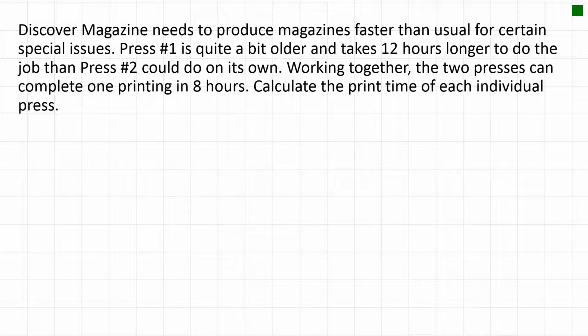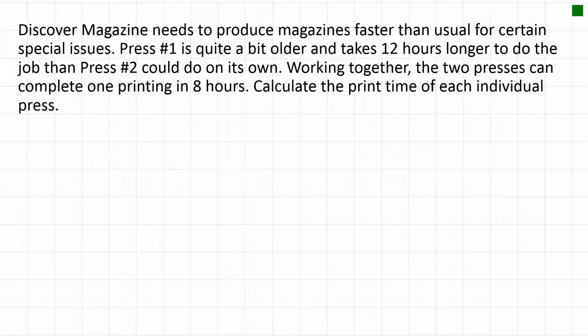So let's talk about work problems very quickly. We mentioned that the rates add. If someone can wash a car in 30 minutes and someone else can wash a car in 15 minutes, obviously the two of them don't take 45 minutes to complete a car. They should do it faster than 15 minutes.